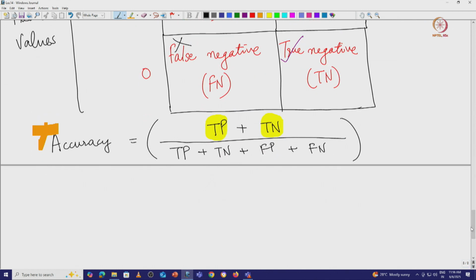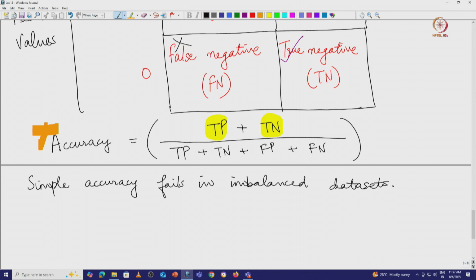Like I said, this simple accuracy fails in imbalanced data sets. For an example, let us say 95% of the materials you are considering are semiconductors, and only 5% are metals.